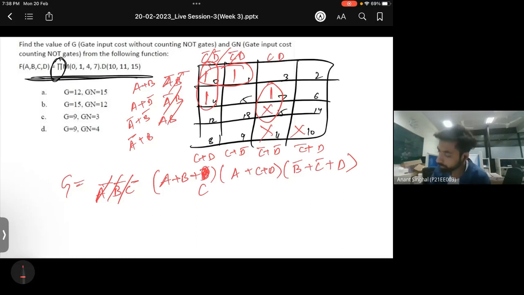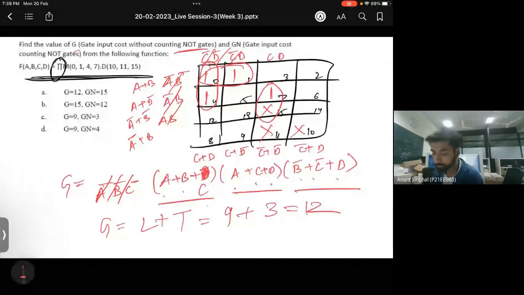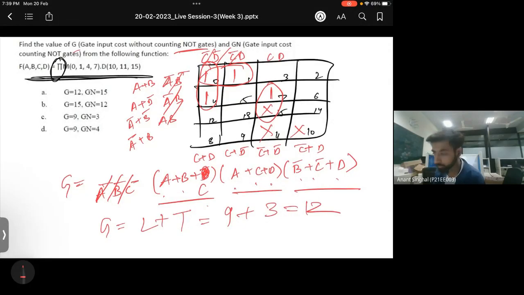So what we need to calculate is the gate cost, which is nothing but the literals plus the number of terms. We are not counting any NOT gate first. So this is 1, 2, 3, 4, 5, 6, 7, 8, 9 literals plus 3 terms. Is it fine?